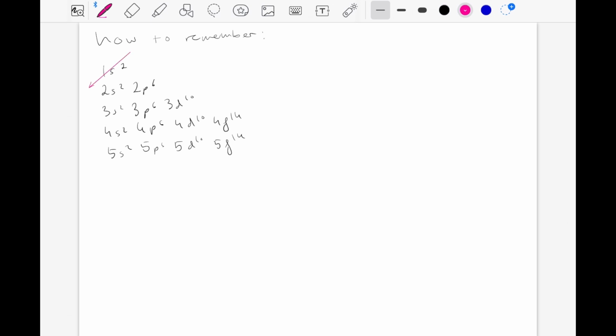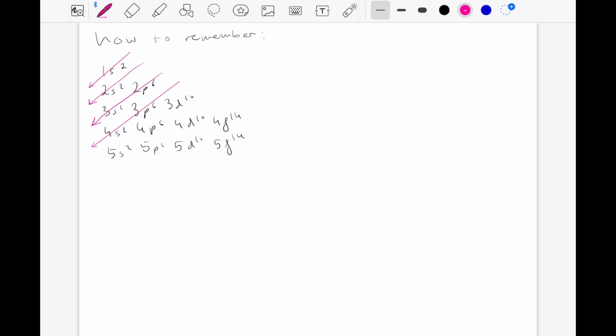So you go 1s2, 2s2, 2p6, 3s2, and this is all nice so far. But here you have 3p6, and then you move on to 4s2, not 3d10.